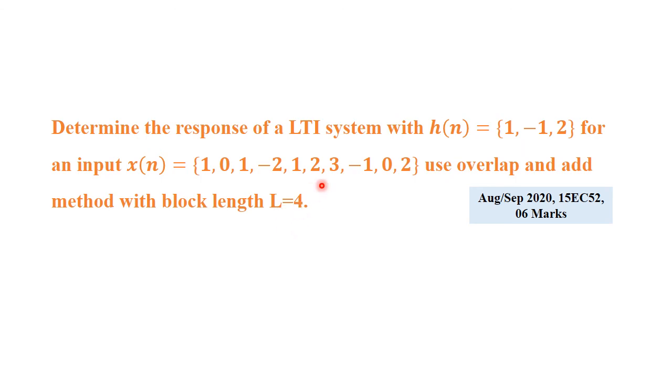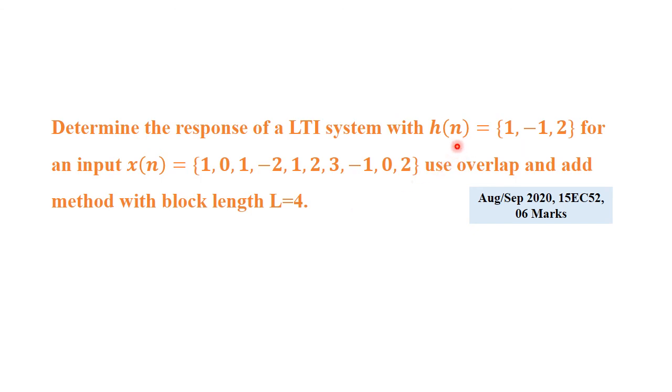The solution is the same procedure as per the previous one, but the only thing you have to understand is how the problem is being given. If the smaller sequence length is not at all mentioned in any manner in the question, you can assume it by yourself. So there is no restriction that the sequence has to be divided into only two parts. You can divide that into as many as possible, provided the condition is that the length of the smaller sequences must be greater than the length of the h of n.